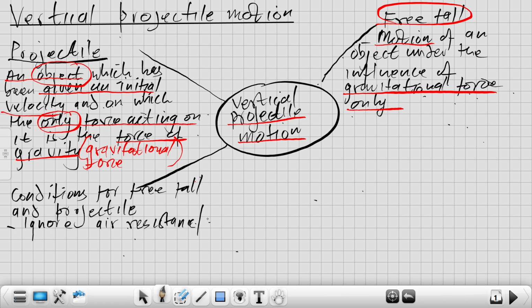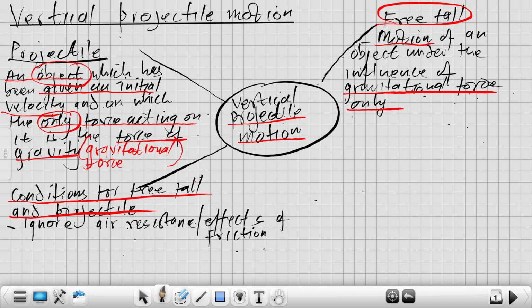That is very, very important. So once I am told to ignore effects of friction or ignore air resistance, that is condition number one.